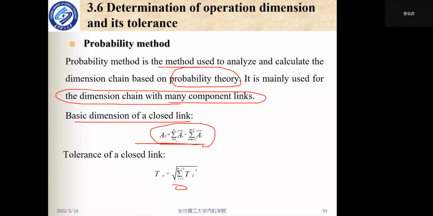The first part of the right side is the increasing link, and the second part is the decreasing link. We add them, but for the decreasing links we use a negative sign, this one. And the tolerance of the closed link can be calculated by the square root form.